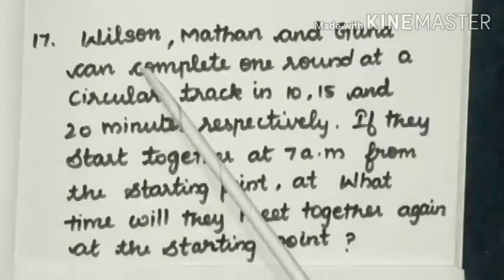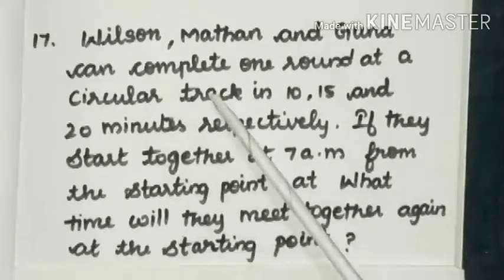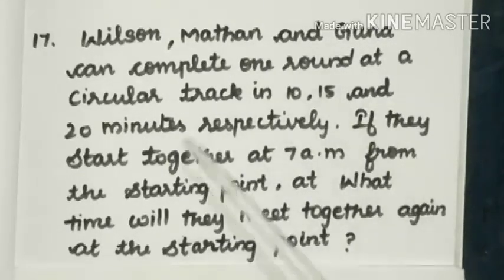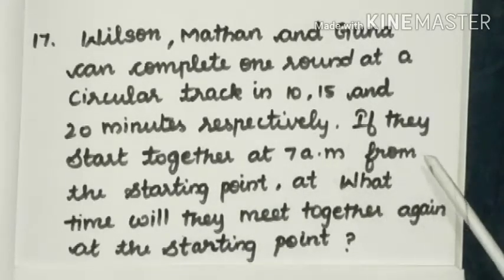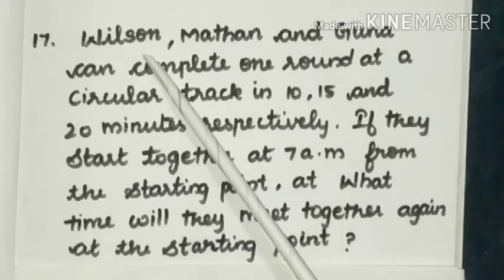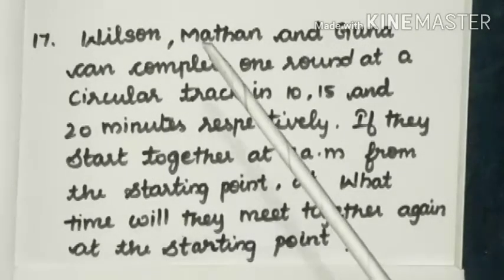17th one. Wilson, Madan and Guna can complete one round of a circular track in 10, 15 and 20 minutes respectively. If they start together at 7 am from the starting point, at what time will they meet together again at the starting point? Here the given question is, Wilson can complete one round in 10 minutes.